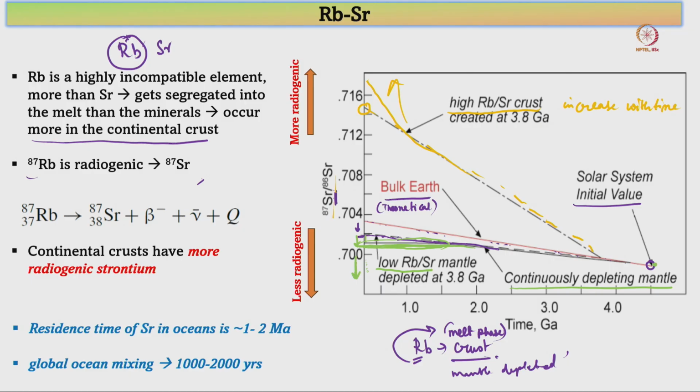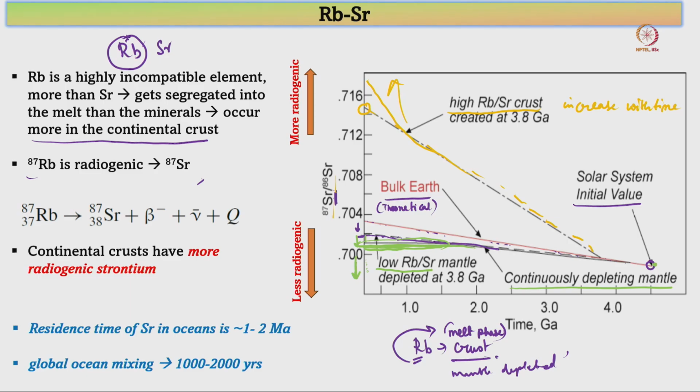So, therefore, the evolution of the earth's crust will be like this, and just the opposite thing will happen to the mantle. So, this was the original mantle, but we are going to see a continuous depletion. Okay. The mantle is also melting, it is losing all the rubidium to the crust, and therefore, it is slowly going to get more and more lower values.